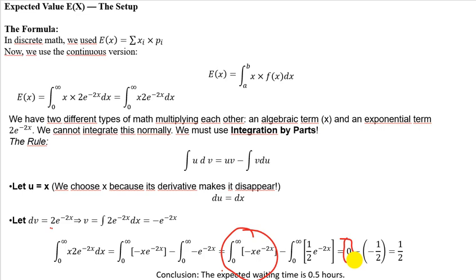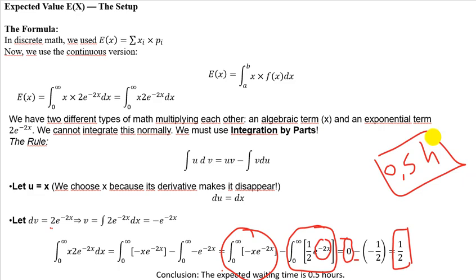Also for this part, when we replace x with infinity here, it is 0, minus when we replace it by 0, for this part it is 1, so 1 over 2 minus 1 over 2 minus 1 over 2, we get 1 over 2. And the conclusion here is that the expected waiting time is 0.5 hours.